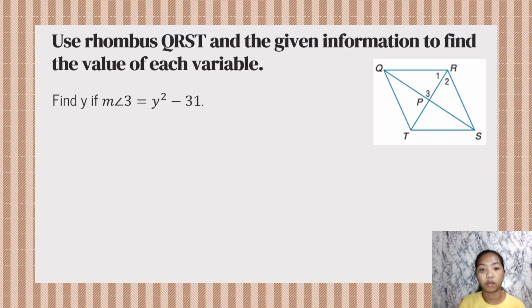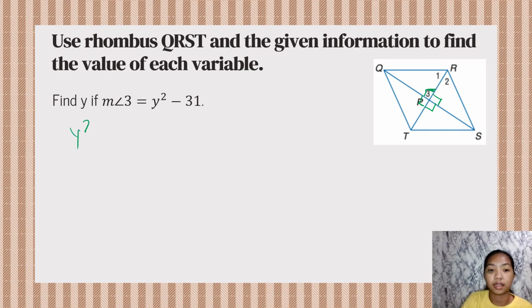I have here rhombus QRST, and the measure of angle 3 is y squared minus 31. So we will solve for y. This one is very easy because the diagonals of a rhombus are perpendicular. So angle 3 is a right angle, the same as this part and this part.